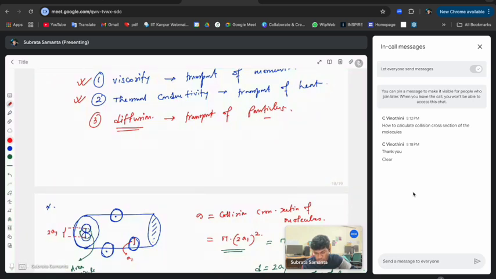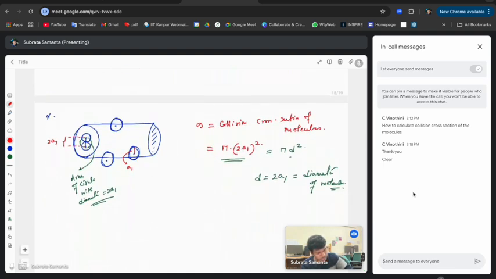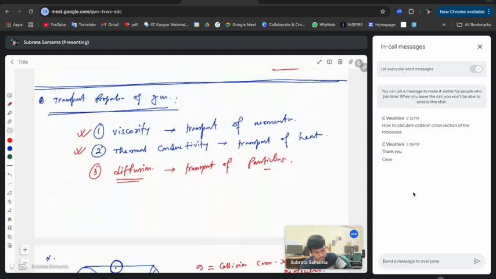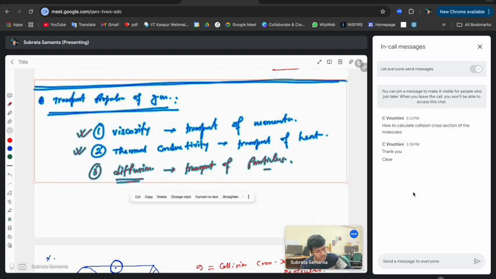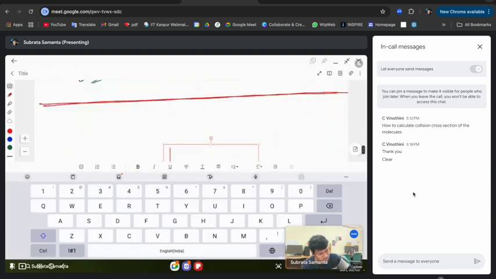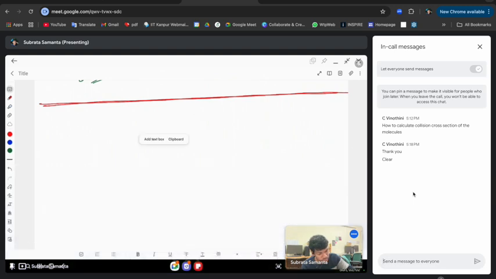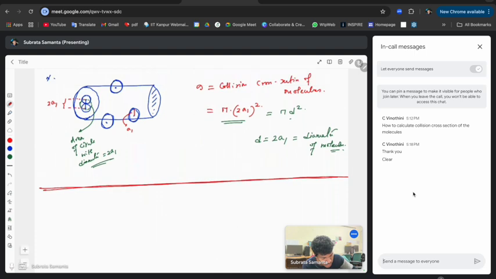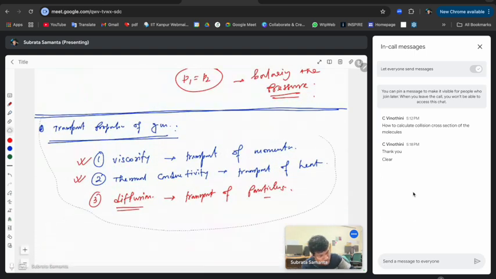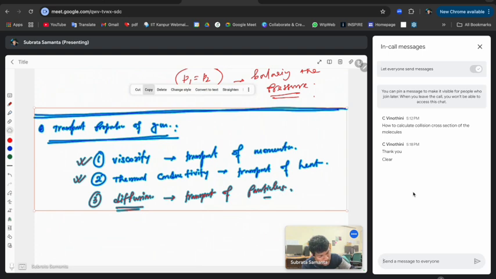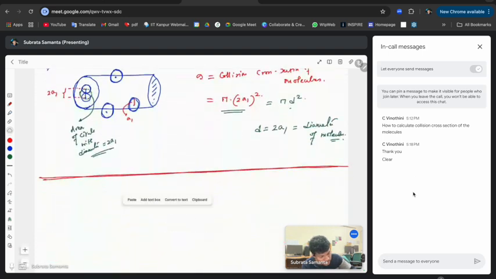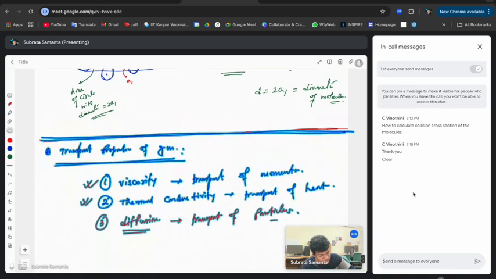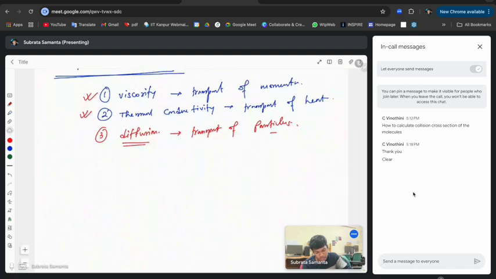So this is basically understood in this way. Let's first copy this. Okay, good.